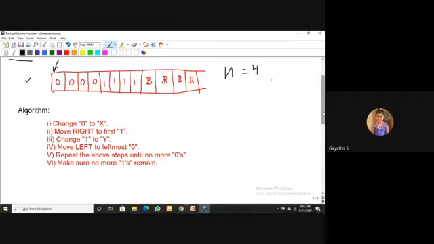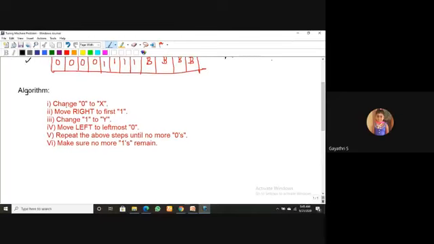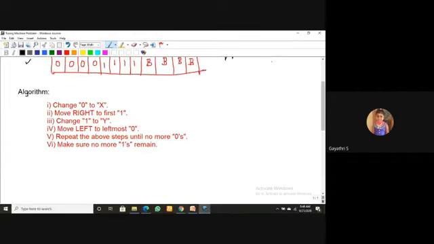See, what's the first point? Change 0 to x. If you are reading the input 0, then that 0 is changed to x. Then move right to the first 1.